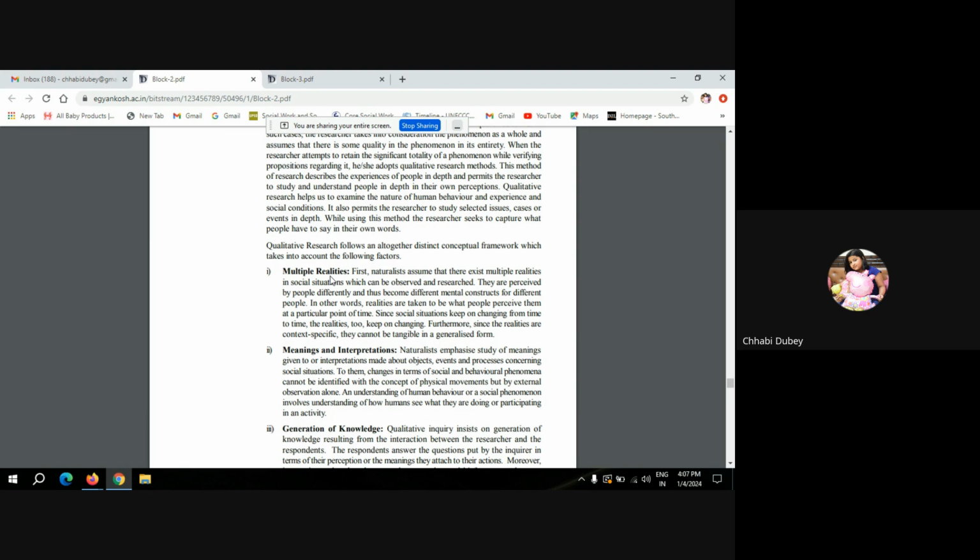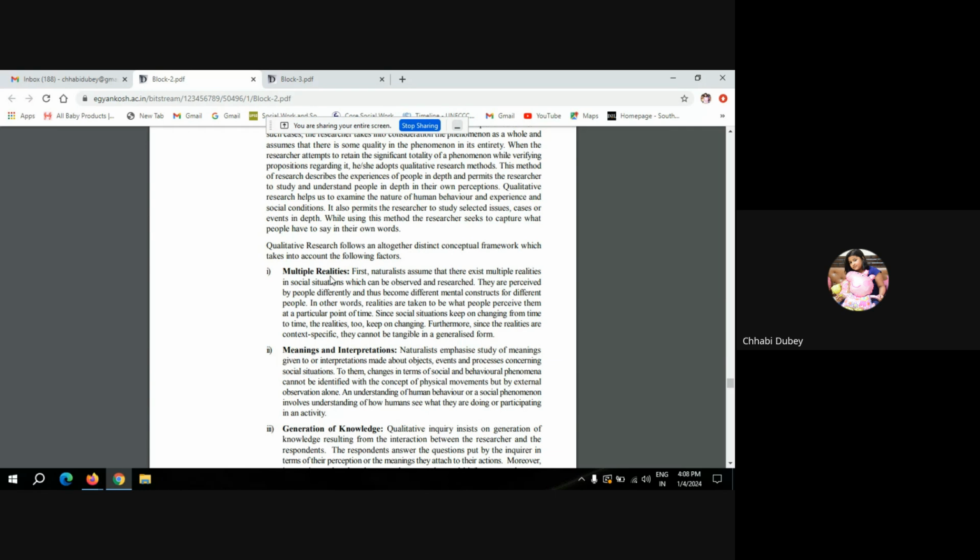For any particular social situation there can be multiple realities, and these can be deeply observed and researched by the researcher, like the way people perceive their environment, their situation, the different mental constructs, the personality traits; there can be so many different sides to it. In other words, realities are taken to be what people perceive about a particular situation at a particular point of time. So, qualitative research follows this conceptual framework of having multiple realities.